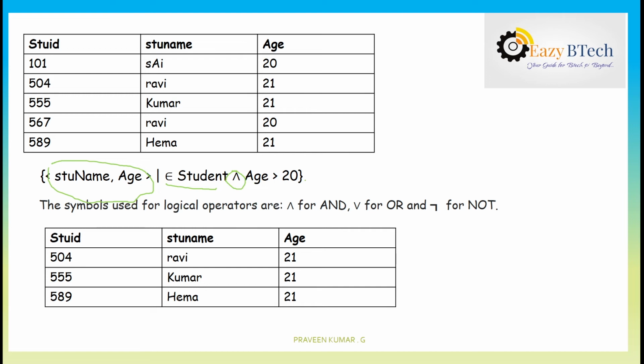These are the symbols used for logical operations: this represents and, this represents or, this represents not. Suppose I wanted to print student name and age, where age is greater than 20. In the previous example also we checked the student table, age greater than 20. That's why we print these two things.